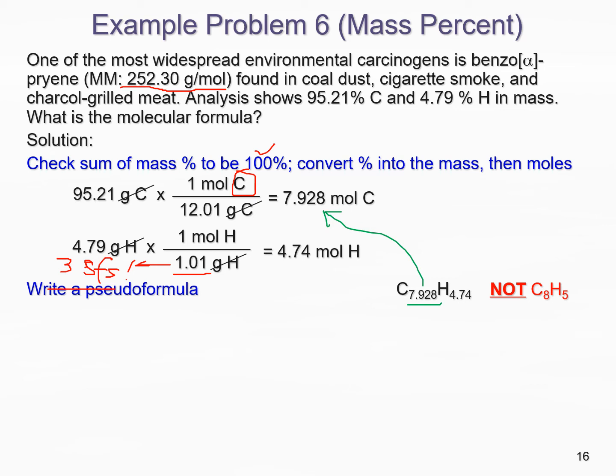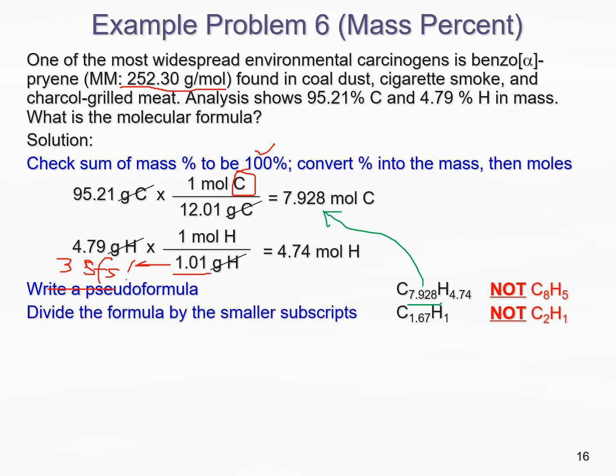First, get the pseudo formula. Second, divide the entire formula by the smallest subscript before we even think about rounding. After we divide this formula by the smallest subscript, 4.74, we wind up with 1.67 for carbon and 1 for hydrogen. Again, we cannot round, because we've got one more step to go.